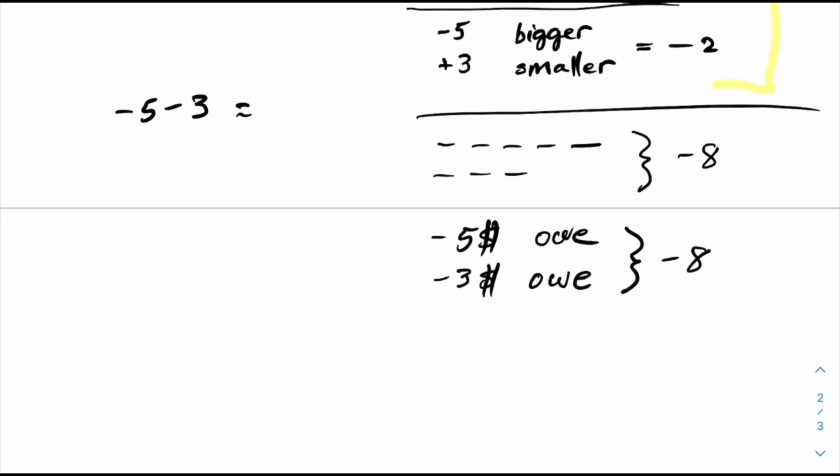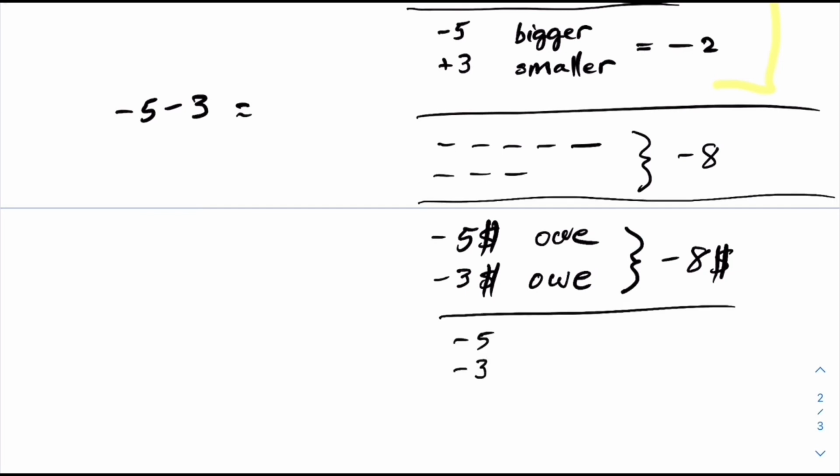You borrowed some more, so together you owe $8. Negative means you owe. So in this case, when the numbers have the same sign, you combine. That would be negative 8.